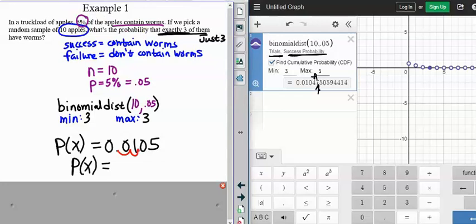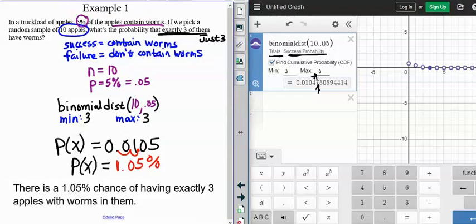So technically here we have 1.05%. We're like, okay, cool. So what does that 1.05% mean? It means there's a 1.05% chance of having exactly 3 apples with worms in them. So that's not much at all. All right, so let's go to example 2.